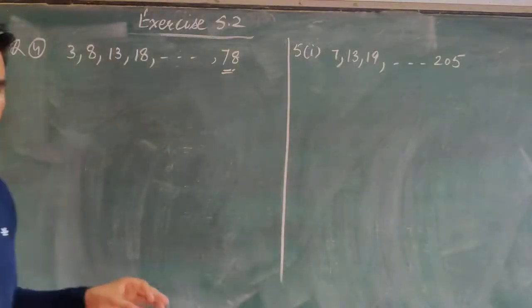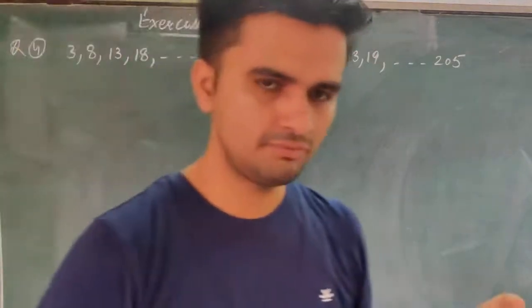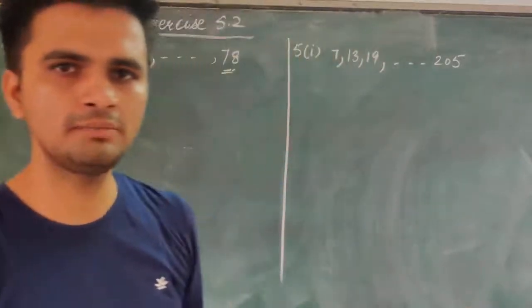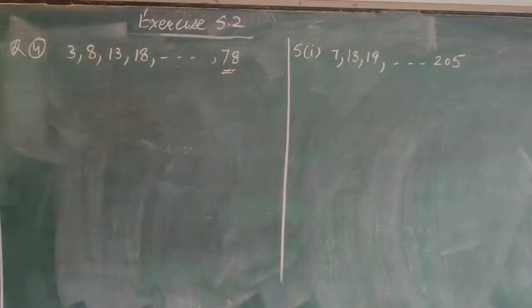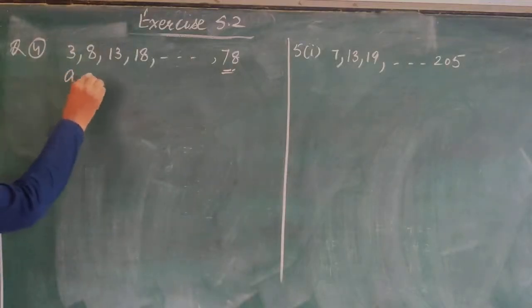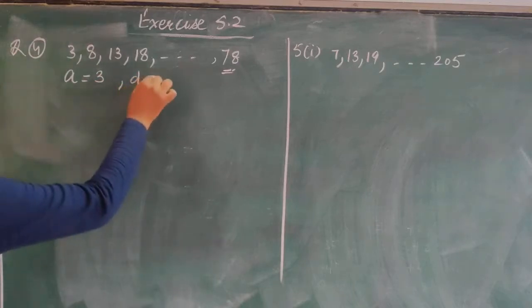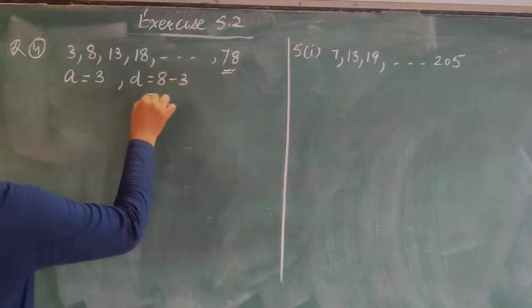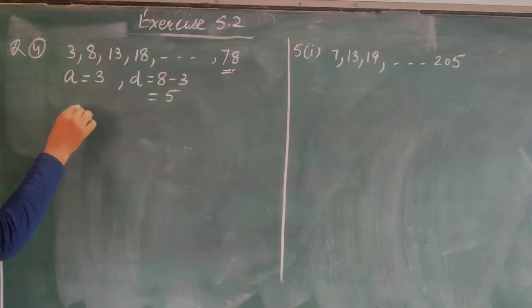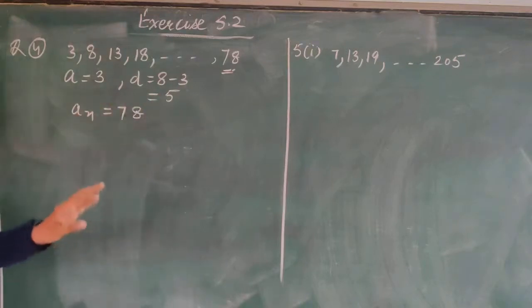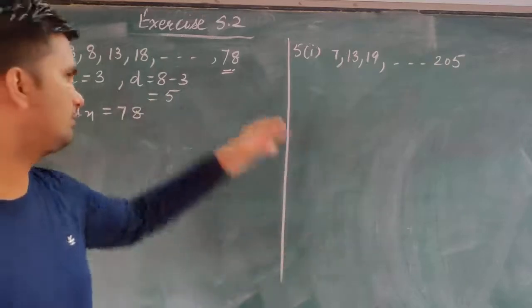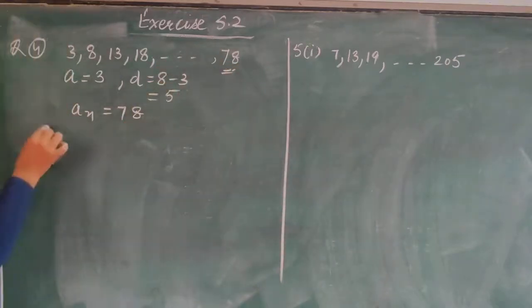If in the question they are using which term, how many terms, number of terms, then they will find n, right? And how can we find n here? A is 3, D is 8 minus 3 is equal to 5, and an, the term which is at the nth place, and we don't know about this n, right? Here we will find n.